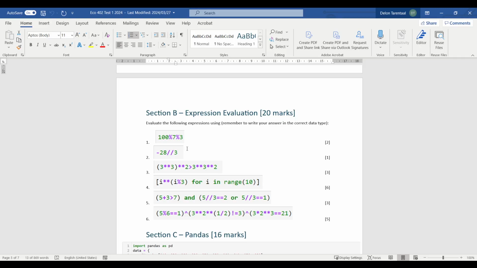Number 2. Yeah? So please can you go back to number one? I'm saying 9. What's wrong with number 1? Okay, I'll show you number 1. It's 100 modulus 7.